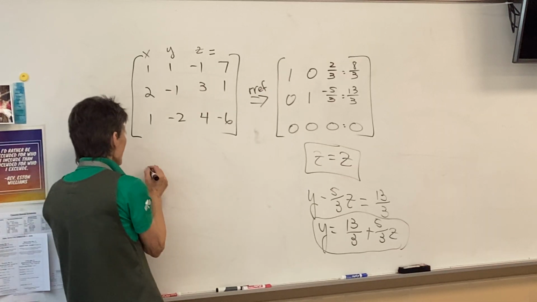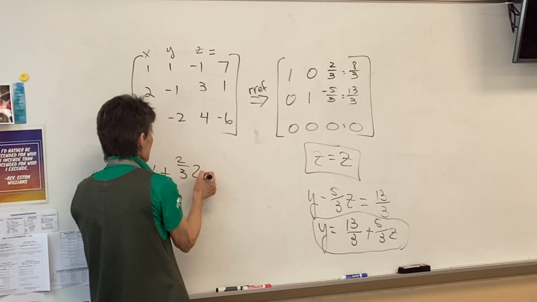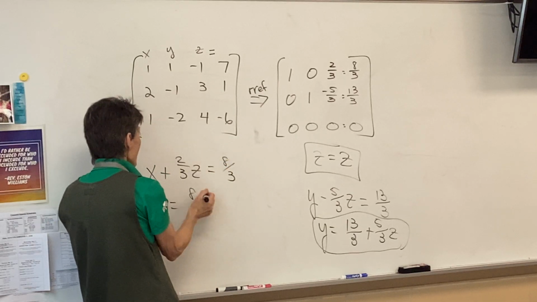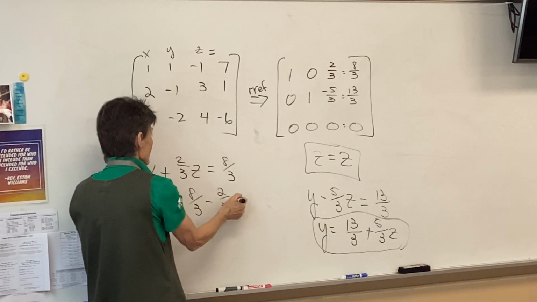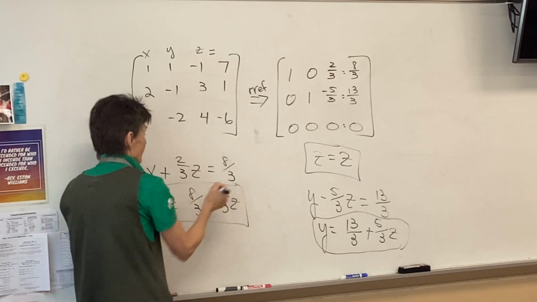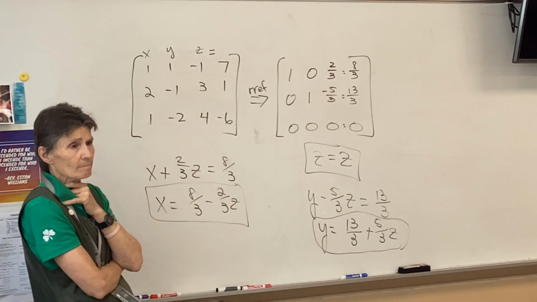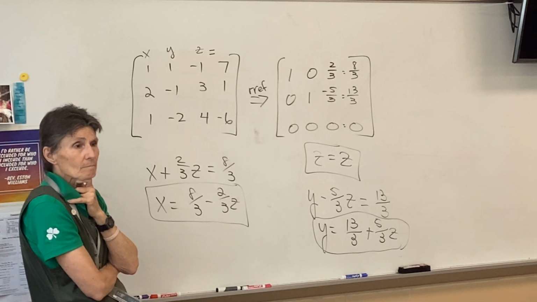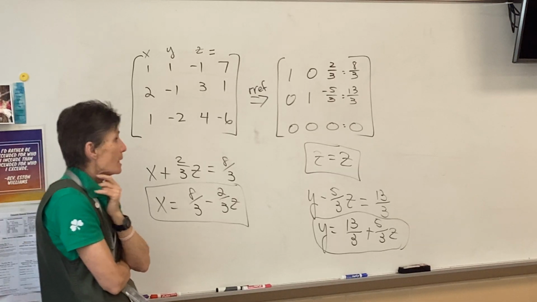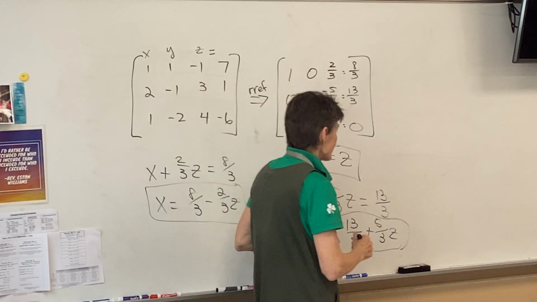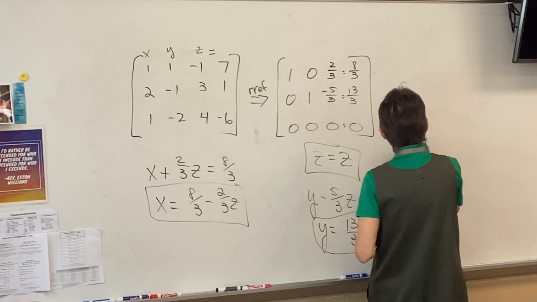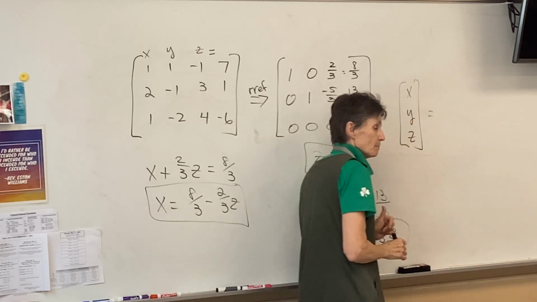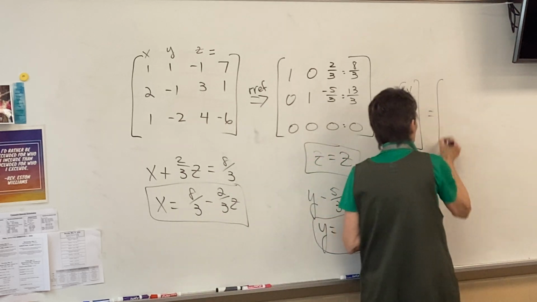And then X plus 2/3 Z equals 8/3. So X is 8/3 minus 2/3 Z. And then we organize our answer and say, okay, here it is, X, Y, Z. 2 columns.